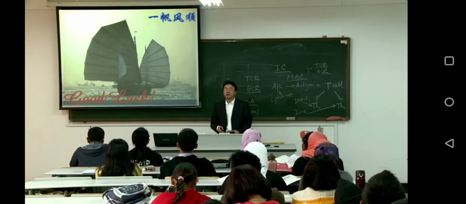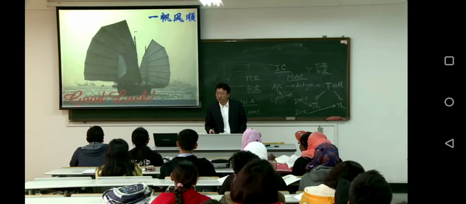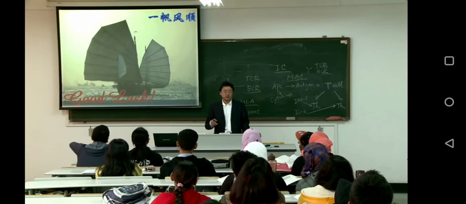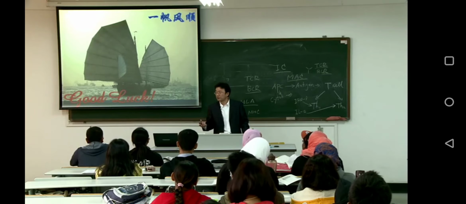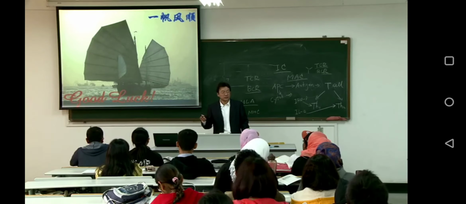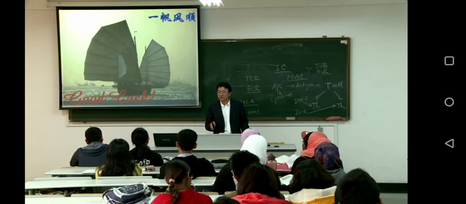So this is the overview of immunology. I hope you will build up the major concepts related to immunology. Then in a later chapter, we will discuss antigen and antibody in detail.